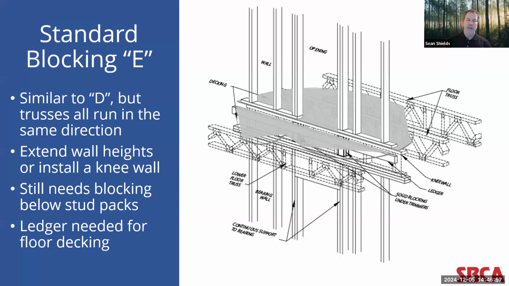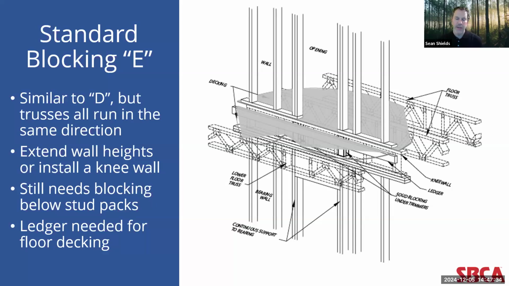This is our last floor truss and wall assembly detail, detail E. It's very similar to detail D in that you have two different floor truss depths. The only thing that's different is that in this case, both sets of trusses run parallel to the bearing wall. Again, all the same conditions apply as far as transferring load from the jack and king stud pack to the lower wall. But here, there's a little bit of flexibility.